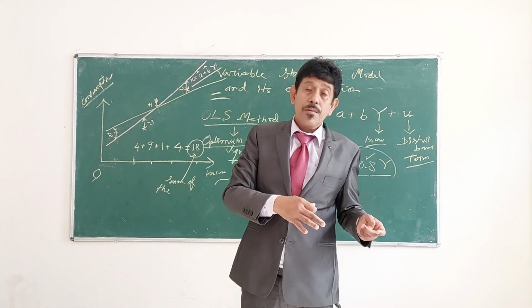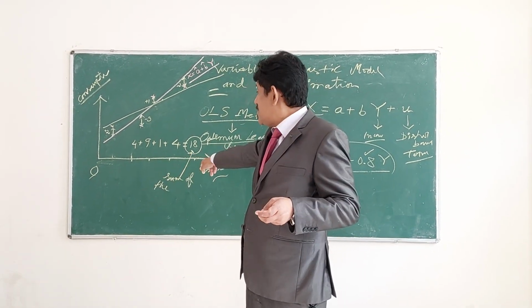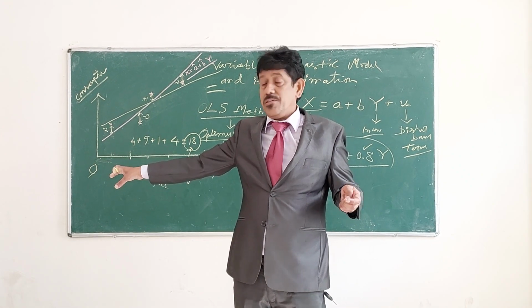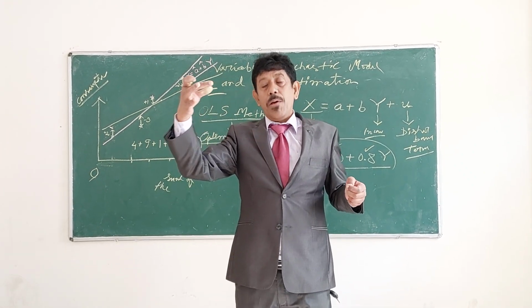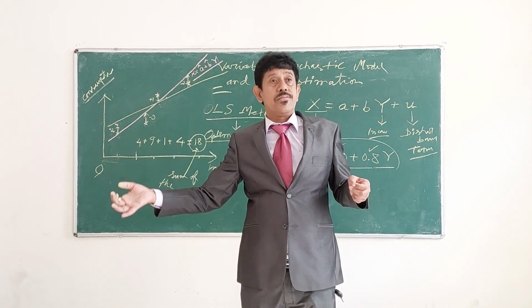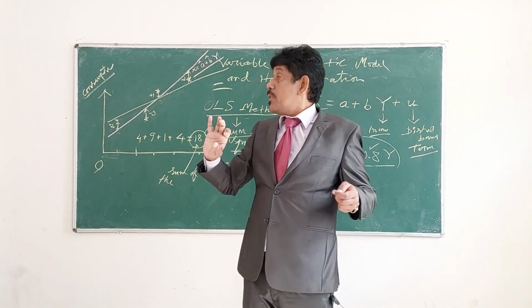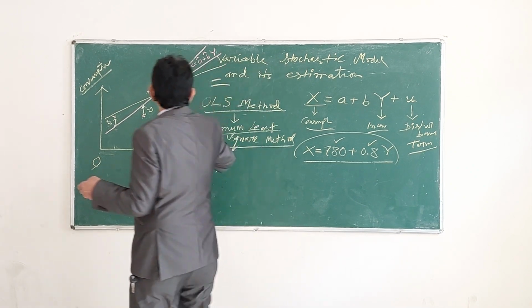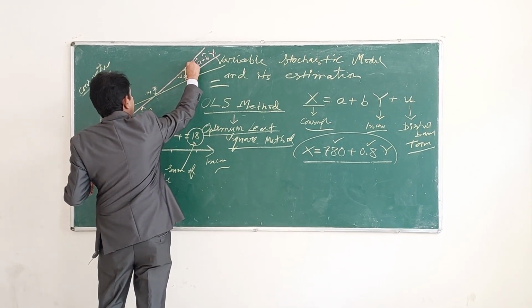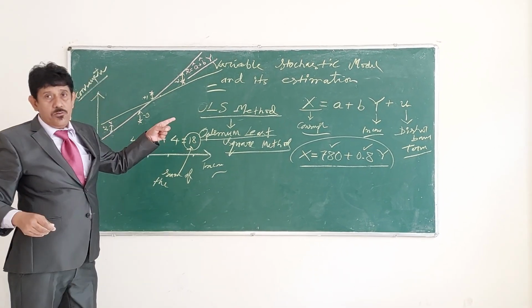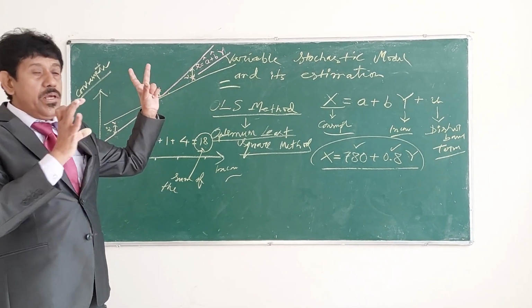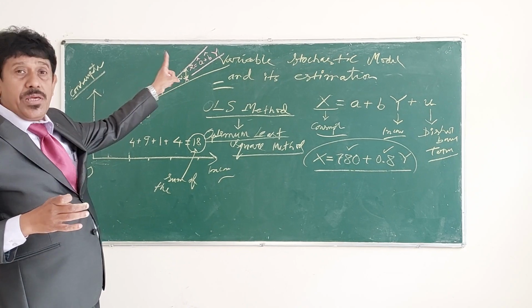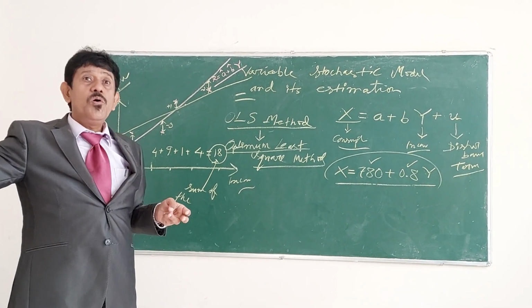We have to minimize the sum of the squared deviations. Now, for x also we can give cap values, because the various x values will be determined from a cap and b cap values given different values of y.